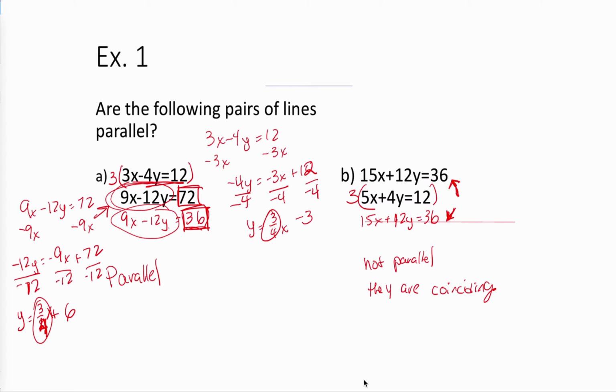And again, if we put these in slope-intercept form, minus 5x from both sides, divided by 4, and then we do the same thing here.